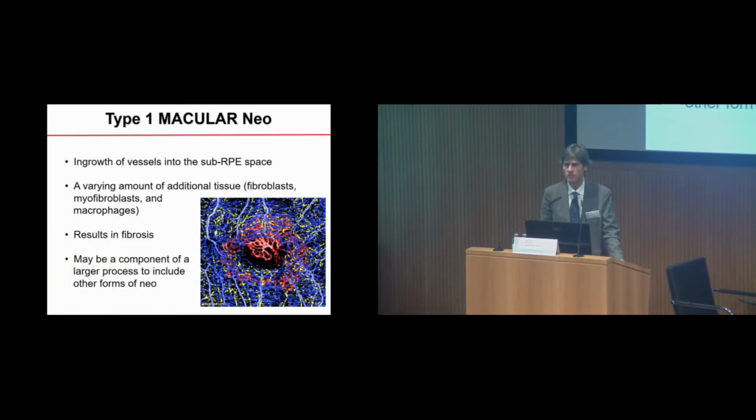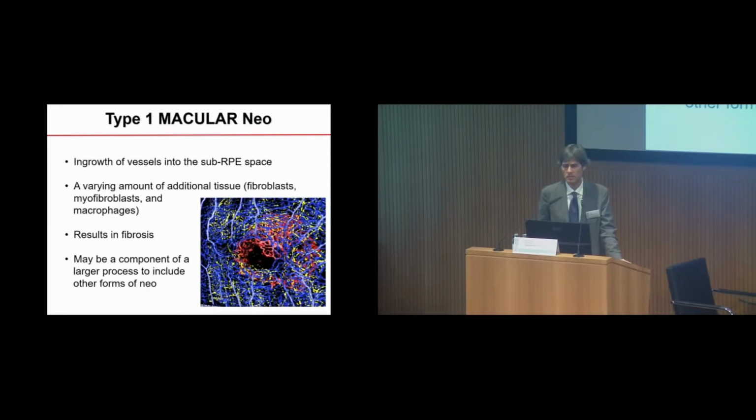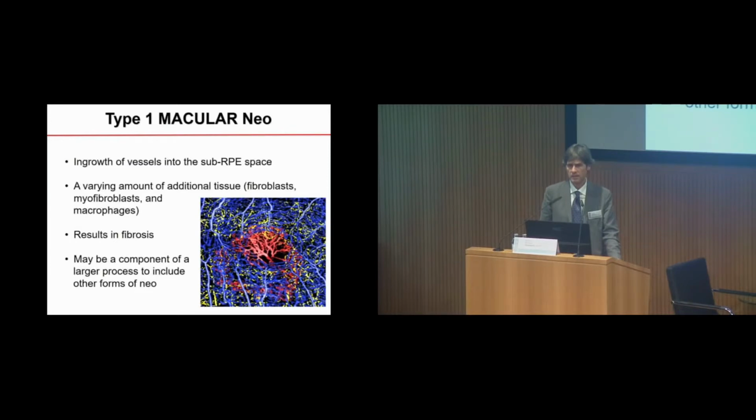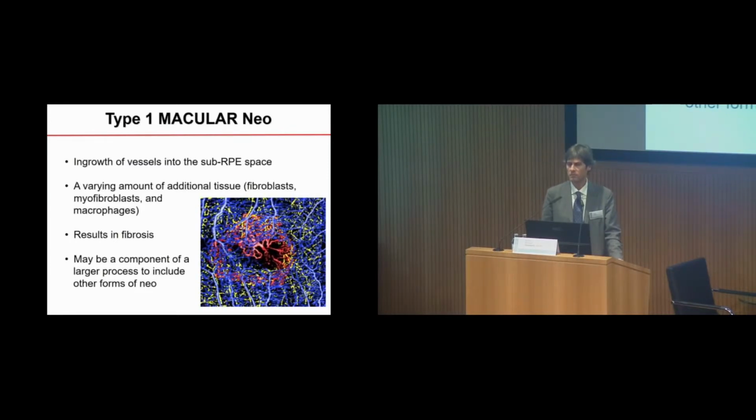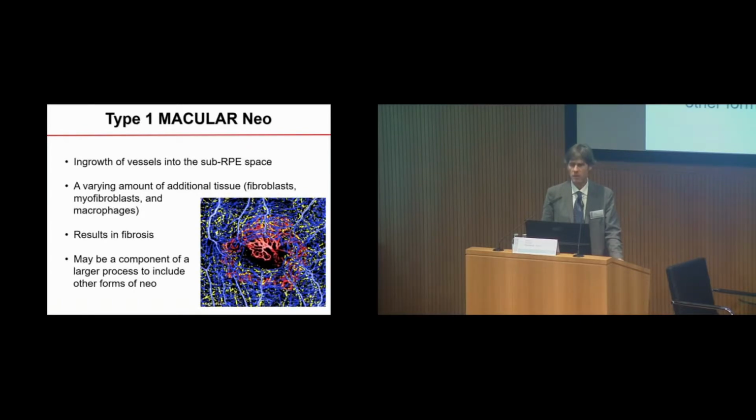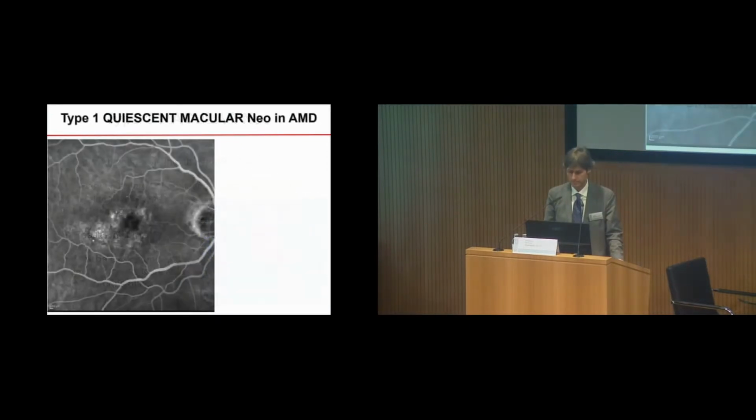The characteristic of this neovascularization is that there is this growth in the sub-RPE space, and there is a large amount of fibroblasts, myofibroblasts, macrophages in the neovascularization, and much more than what was supposed before, it is characterized by fibrosis. The other important point is that in some of these type 1 neovascularizations, there could be a combination of the other two subtypes, so type 2 and type 3, that we will see in a while.